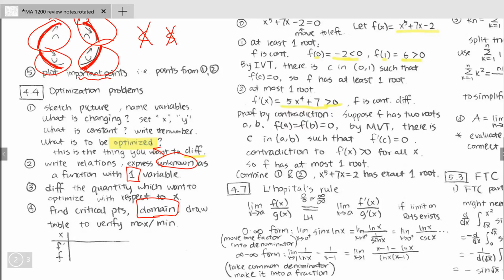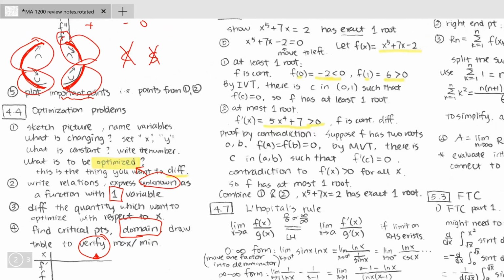Okay, and then you draw the diagram to verify it is a maximum or minimum. So usually the problem already tells you, because they ask you to maximize the volume, then you expect your answer should be a maximum, or the problem is asking you to minimize the time, so you know the answer you get should be a minimum. Okay, so here you just verify, check whether your answer makes sense and agrees with what the problem is asking.